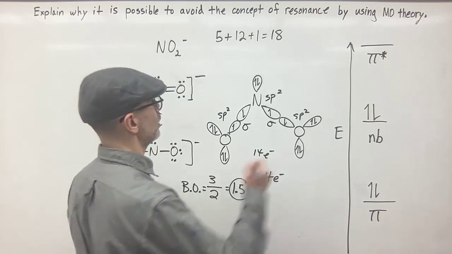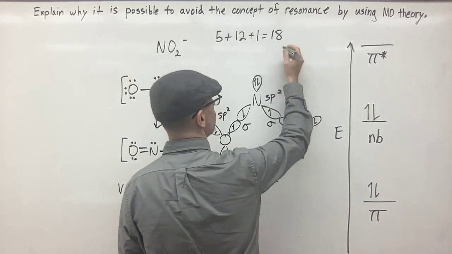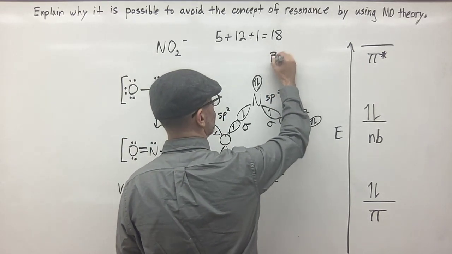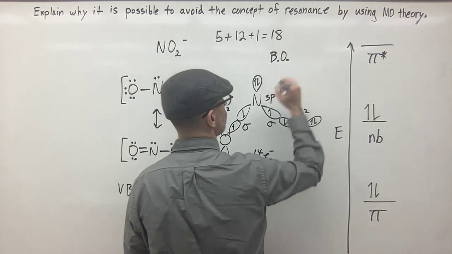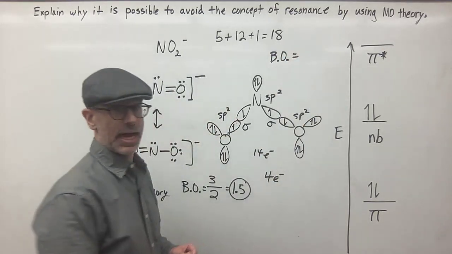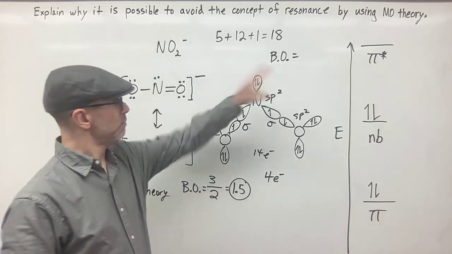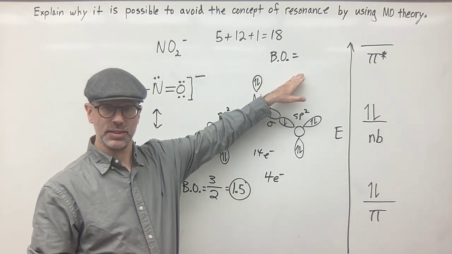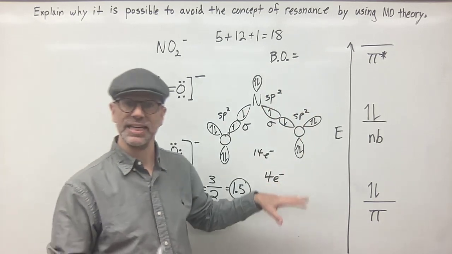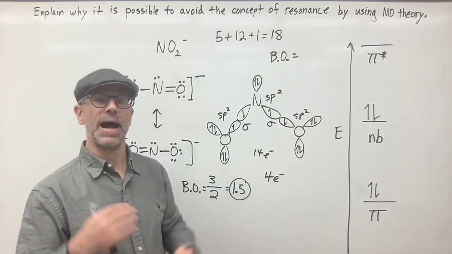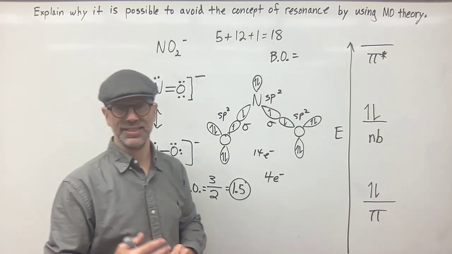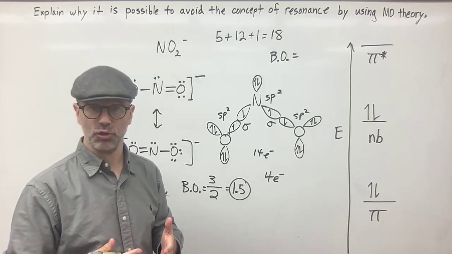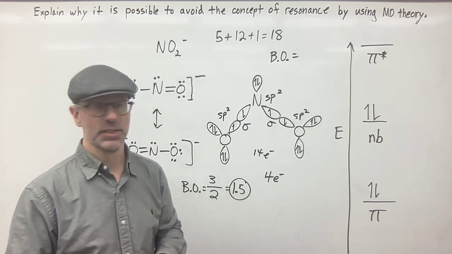Remember, calculating the bond order using molecular orbital theory says that it's the number of bonding electrons, that's the number of electrons in bonding orbitals, minus the number of electrons in antibonding molecular orbitals, or antibonding electrons.